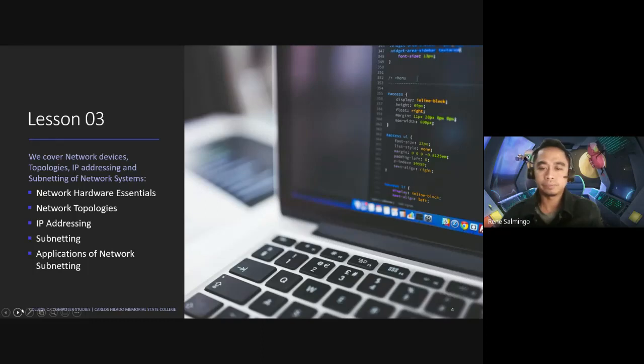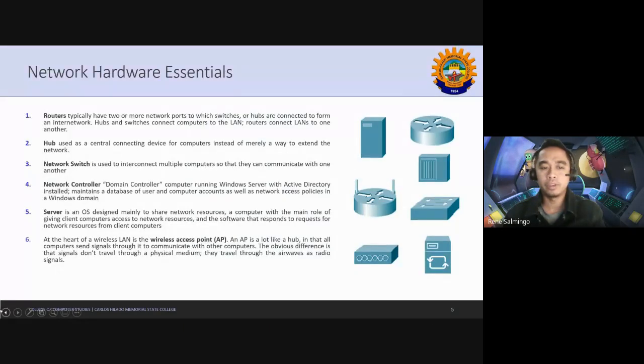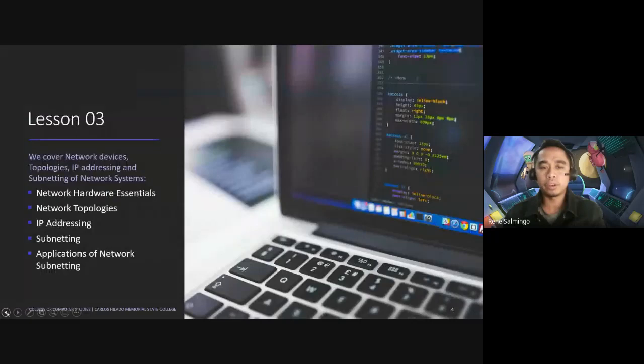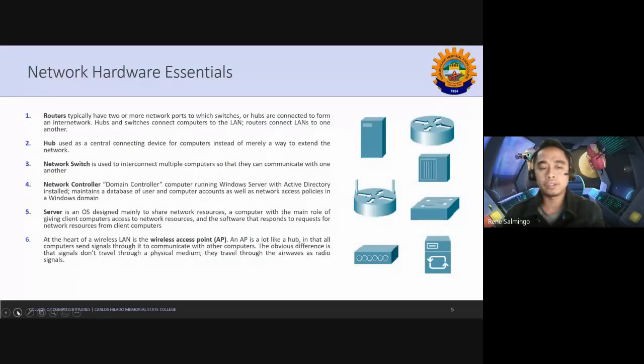What are examples of network topologies? Okay, so network topologies are the arrangement of your network when you're going to perform a certain communication route.